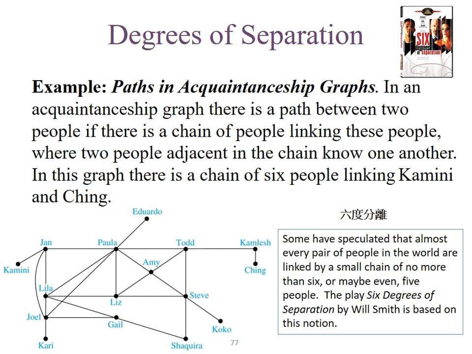If we travel a path of length 6, or 6 people, maybe we can connect Kamini to the chain, because Kamini knows Jane, Jane knows Paula, Paula knows Tom, and Candace. So this conjecture tells us you can build a chain of 6 people to connect every pair of persons in the world. So we call this six degrees of separation.